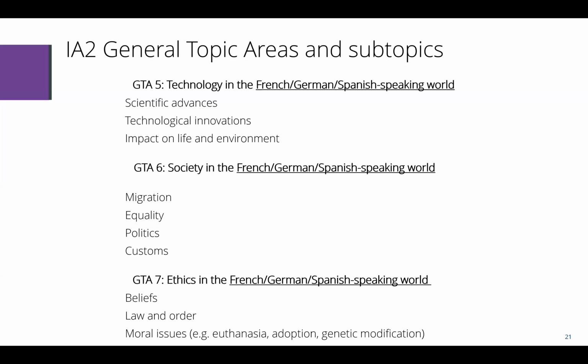If it's about politics, it needs to be about the French-speaking world. So the ones where you can talk about anything at all are from the 4 at the beginning. But these ones, moral issues and so on, have to be rooted in the target language country.